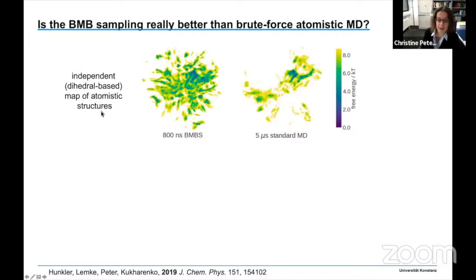So we didn't rely anymore only on the pairwise distances, but we made now a map based on the backbone torsions. Here you see a 2D dihedral-based map from our BMBS, so backmapping-based sampling atomistic ensemble, these 800 nanoseconds. And here you see the same map, but with these 5 microseconds of standard atomistic MD.